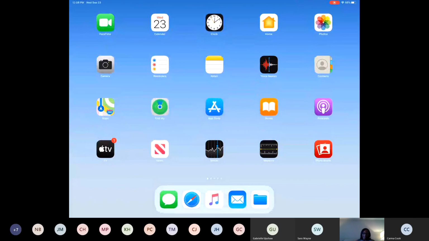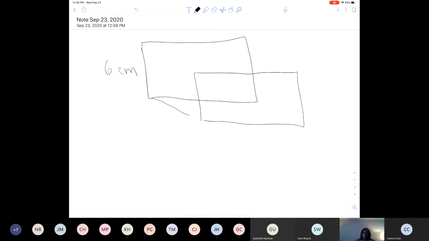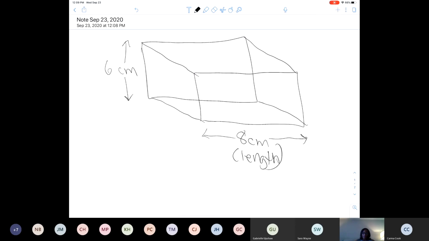Another type of density question that you could be asked: I have a box that's 6 centimeters in height, 8 centimeters in length, and 5 centimeters in width.